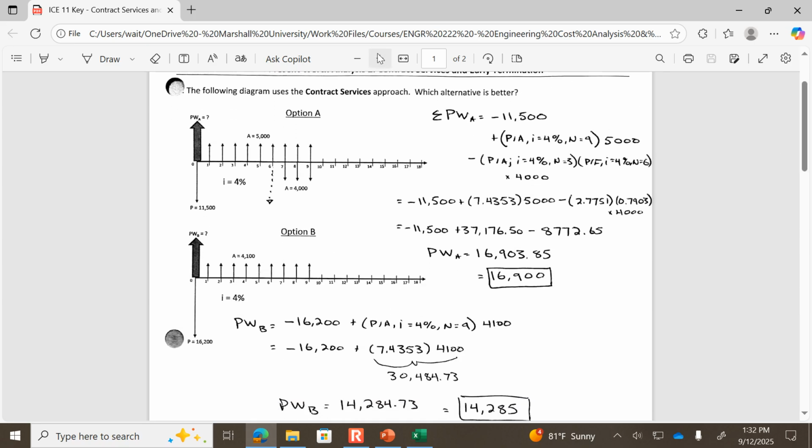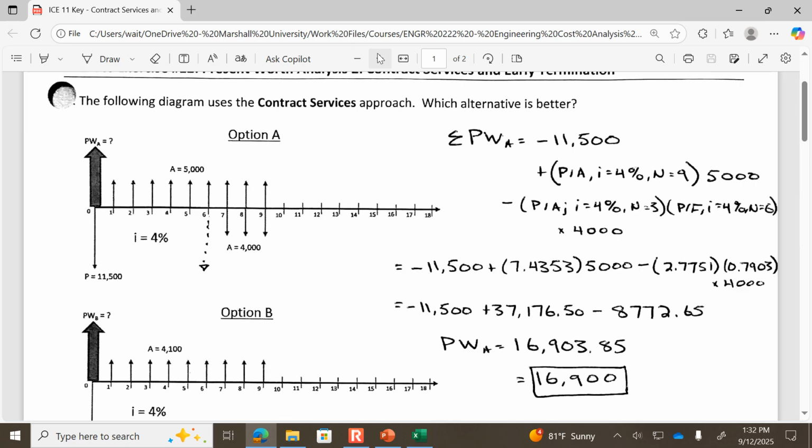Okay, so contract services has lengthened option A with 3 years of leasing. So what's the present value of option A? Well, it's the $11,500 that's already at the present, the initial purchase price of option A. And then I add the present value of the $5,000 in revenue.